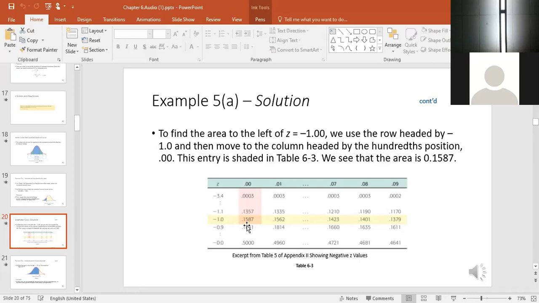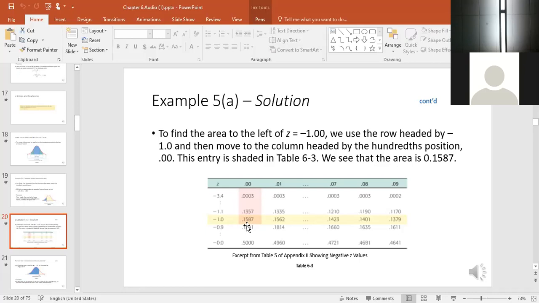Now, please take your calculator. Let's use the calculator to do the same thing. Using the calculator, if you have your TI-83, 84 calculator, we want to use it to find the probability that Z is less than -1.